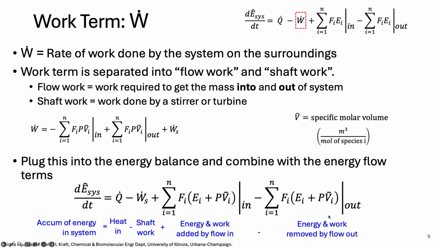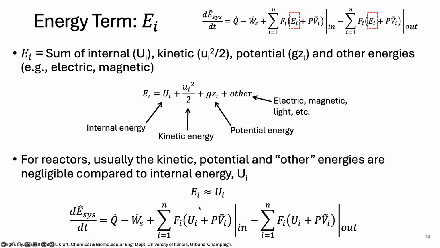Now let's consider more about the energy term, or the E sub I. The energy term is equal to the sum of the internal, kinetic, and potential energy, as well as any other energies associated with those streams.